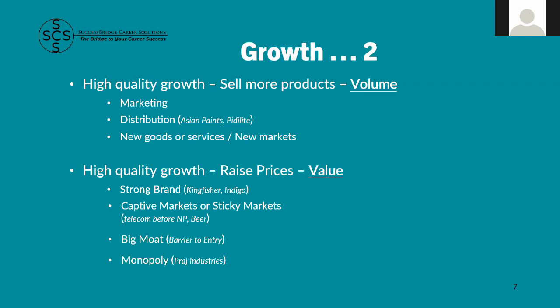And then if you have a monopoly, due to being the first mover in the industry, or due to some technology that is so unique and so proprietary that you have a very long lead, and any of your competitors has to reinvent the wheel and come up with another technology to compete against you. So Praj Industries is one of the most famous companies which has a monopoly in the biofuel industry. We look at Praj in the next few slides.